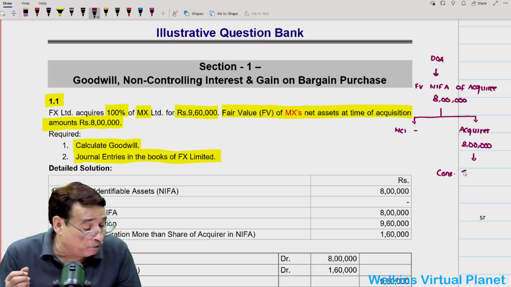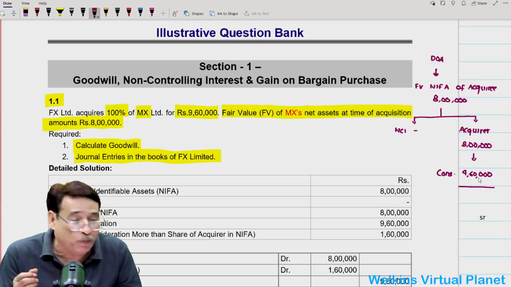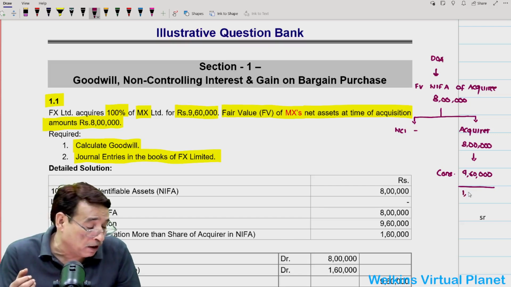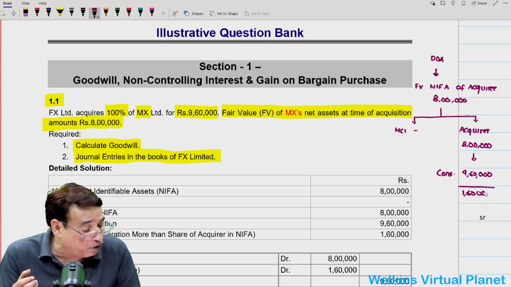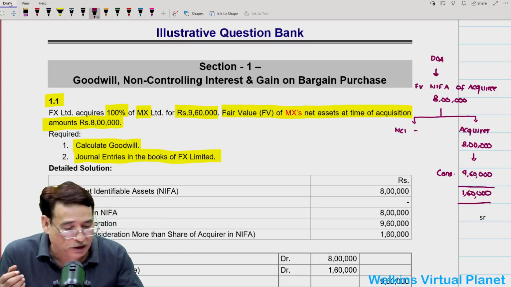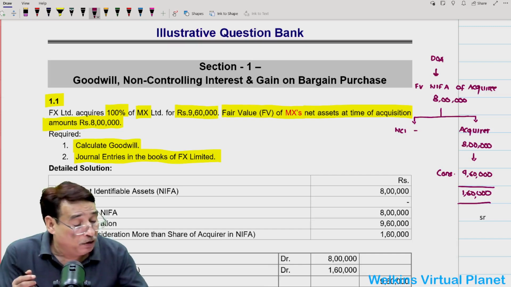Anyway, the amount of consideration happens to be 9,60,000. Now because your amount of consideration is more than what you are getting, so quite obviously it is a case of goodwill. So this time you will have goodwill. Very simple to compute the amount of goodwill. No complications here. In fact, nowhere we are going to have the complications.